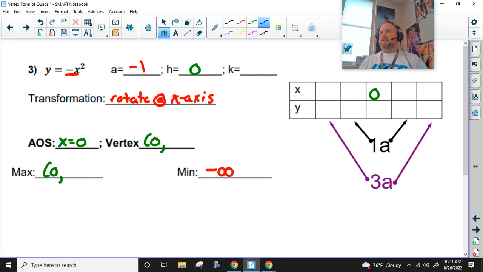And our K value is 0. So our 0 goes here, and then here, and here. And remember, because our A is negative, this is going to look like the frowny face. It's a sad math problem.